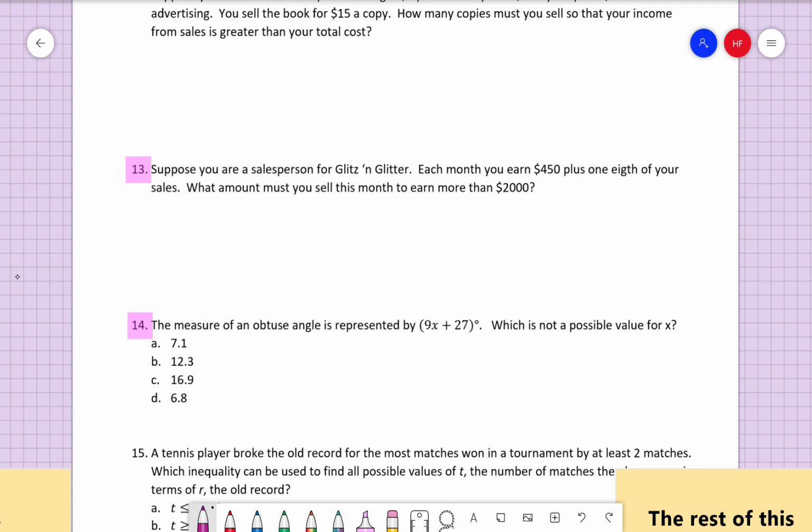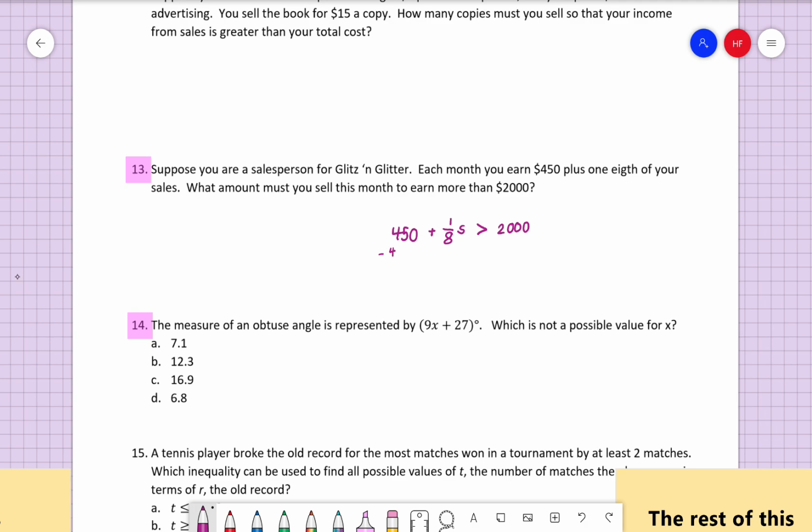So this is like the problem we had yesterday. So each month you earn $450 plus 1/8 of my sales. I want this to be more than $2,000. So there's my written inequality, and then I'm going to solve it.